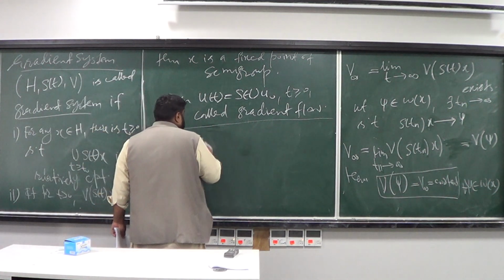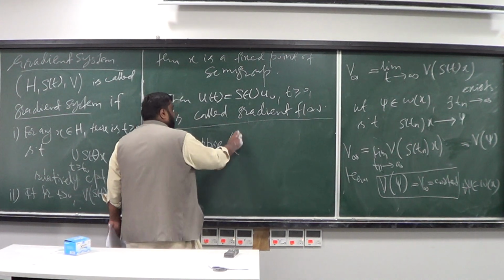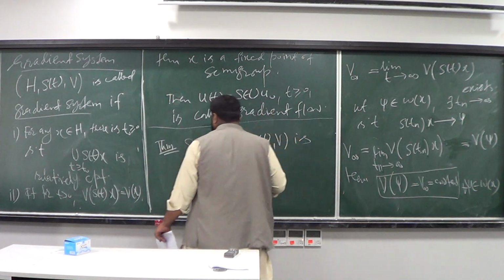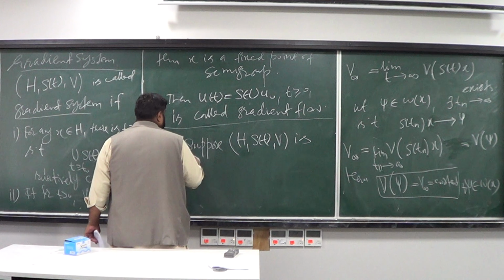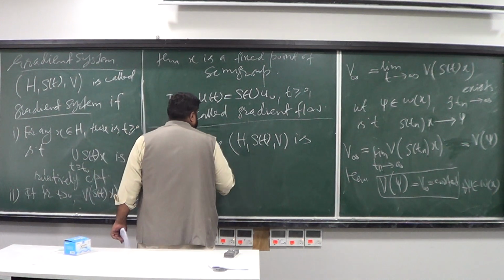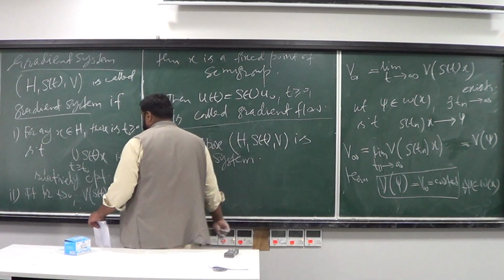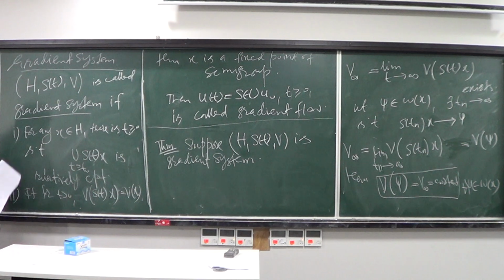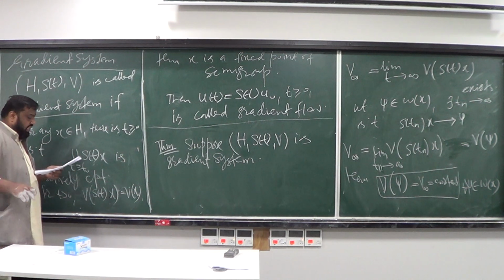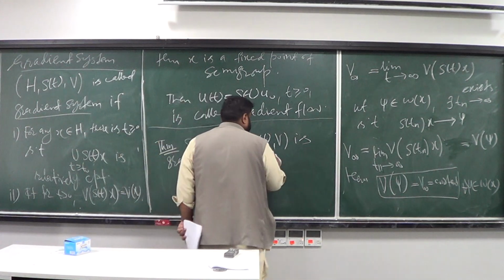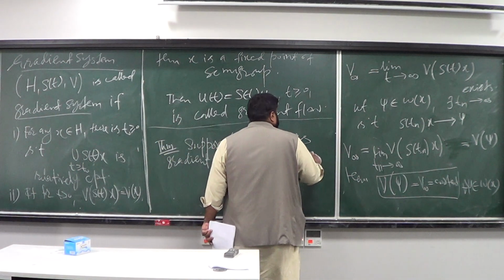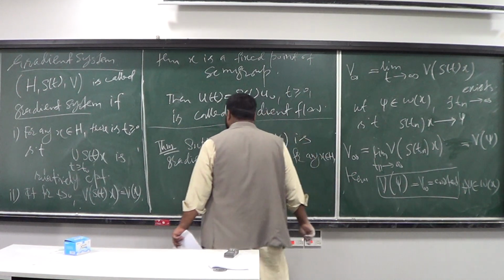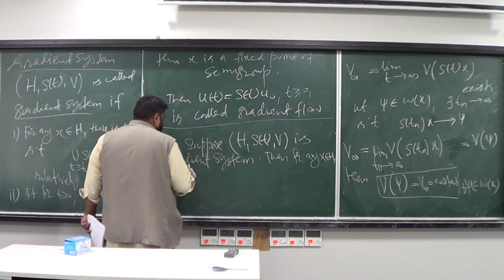Now suppose you have this gradient system, then this condition is satisfied for sure. And if this condition is satisfied, you're going to say then for any x in H, the omega limit set of that x.